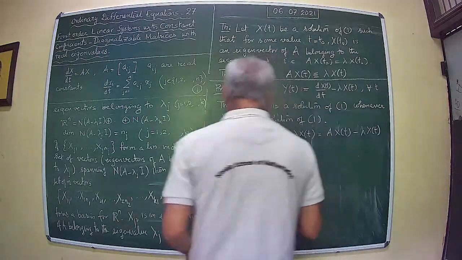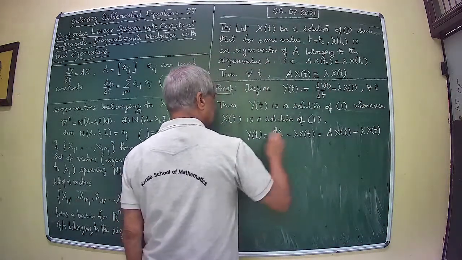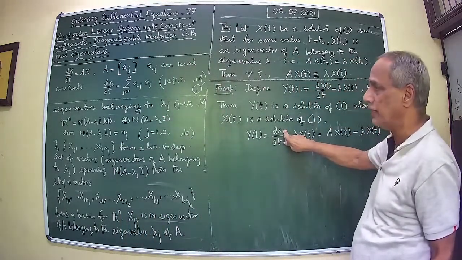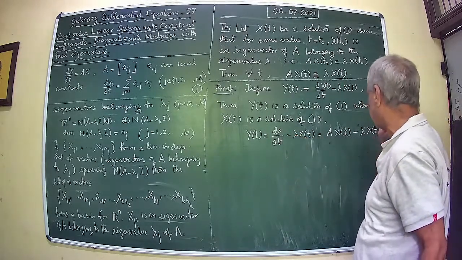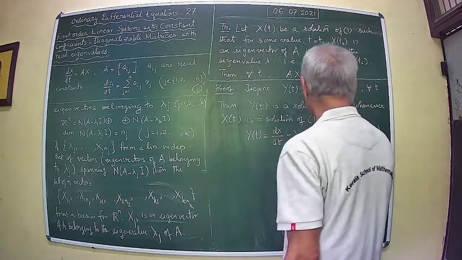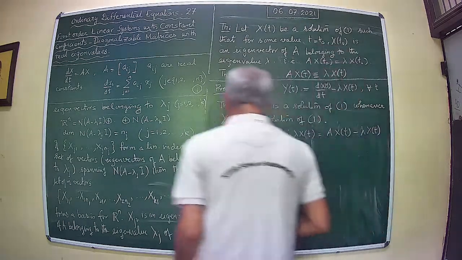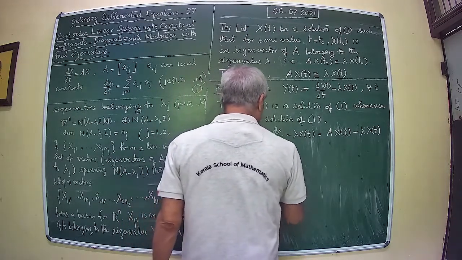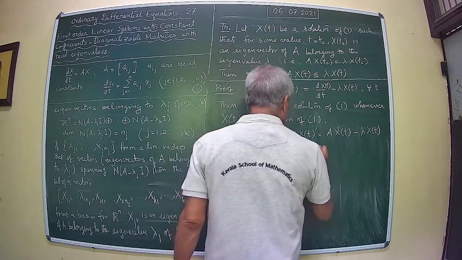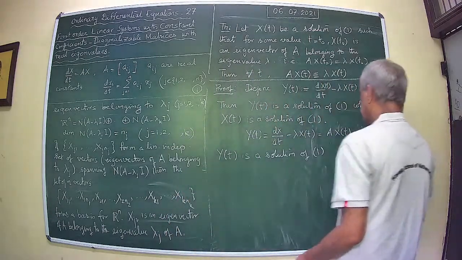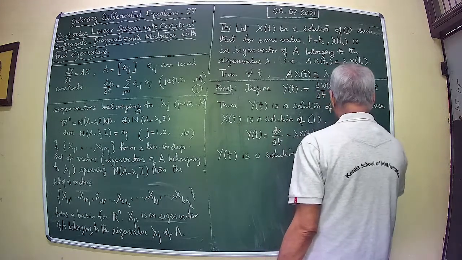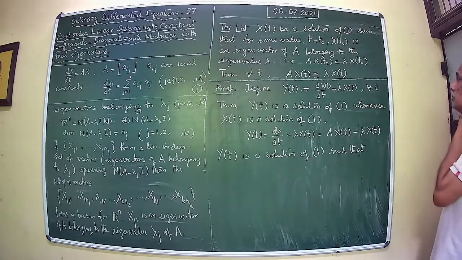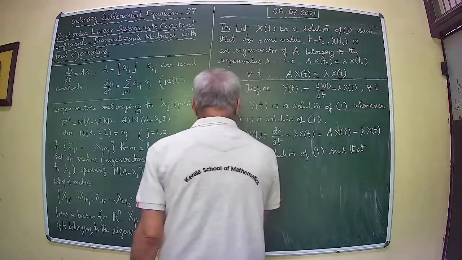Okay. Now we observe that, look at this problem. So this is a solution of 1. That is because if x is a solution of 1, then x derivative is also a solution of 1, and so you have this result. And therefore dx by dt is equal to Axt minus this. Therefore yt is one such that yt not equal to 0.